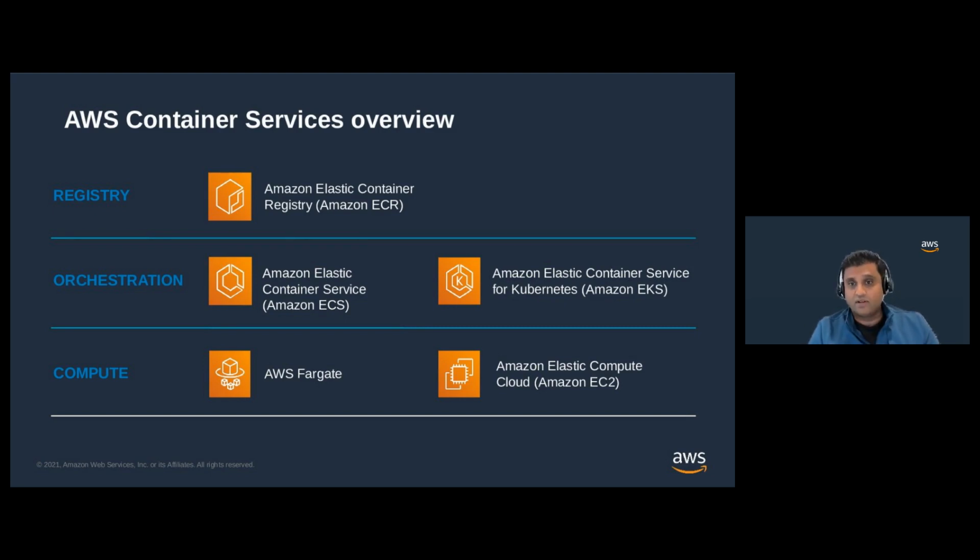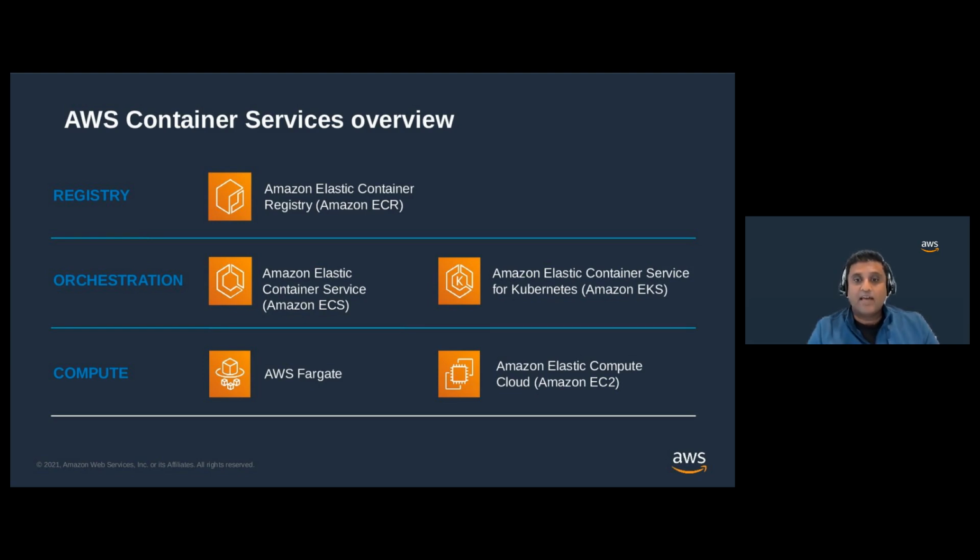Then we have, in the orchestration layer, Amazon ECS, also known as Elastic Container Service, which is a fully managed container orchestration service that provides the most secure, reliable, scalable way to run containerized applications. It deeply integrates with the rest of the AWS platform to provide secure and easy to use solutions for running container workloads in the cloud.